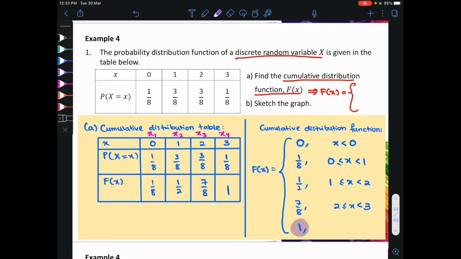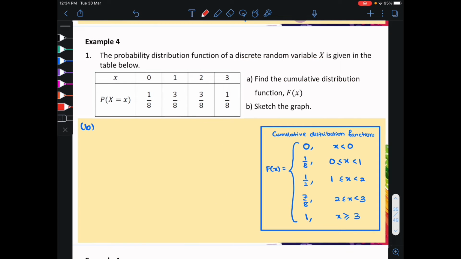And for the last value of F(x), which is 1, x should always be more than or equal to xk, where xk is the last value of x, which is equal to 3. And this is the final answer of finding the cumulative distribution function, or F(x).